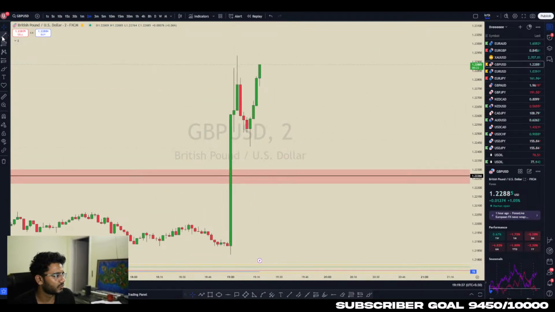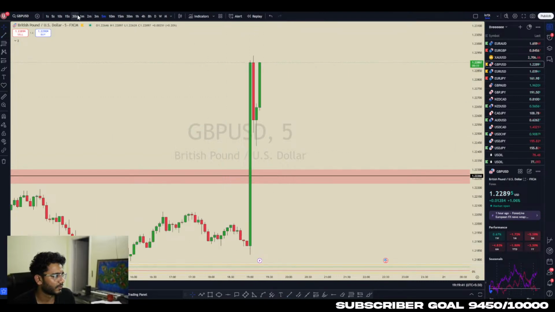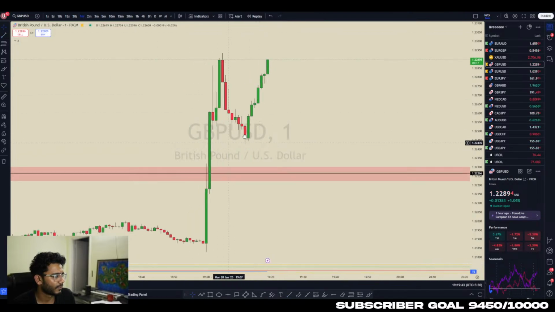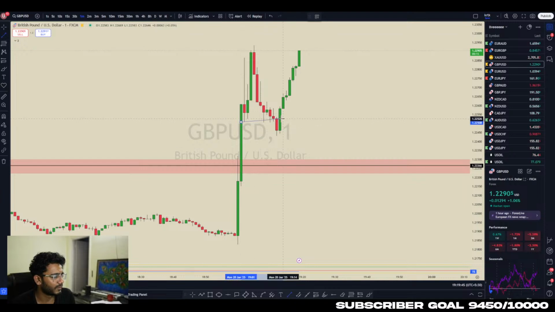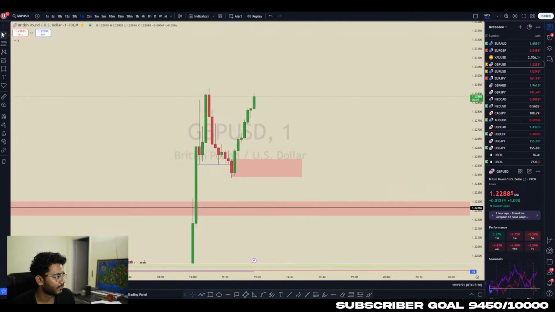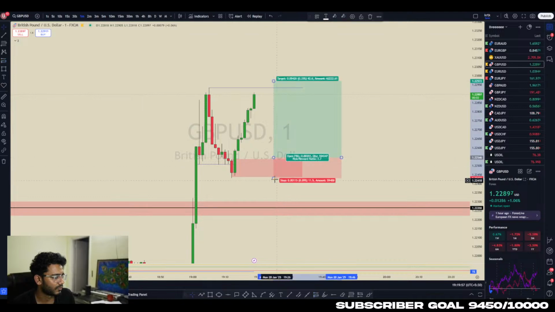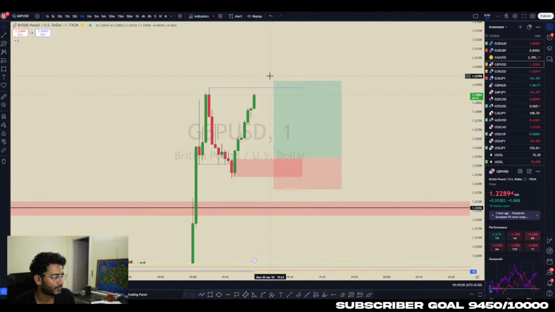Same on GU. We can see price with the liquidity. Let's say in 5 minute, 1 minute. Price swept this liquidity. Now we have this unmitigated order block where we can look for entry. I'm waiting for price to break this structure and create some kind of liquidity before the order block. So this will be an entry, stop loss below this low.